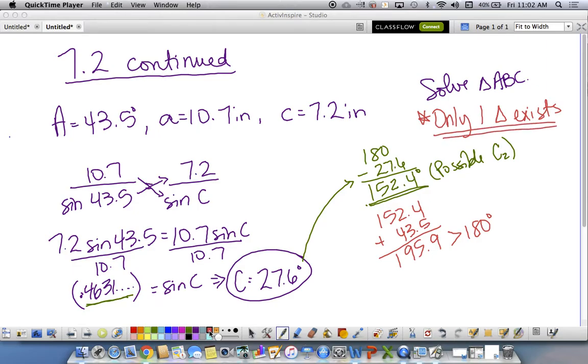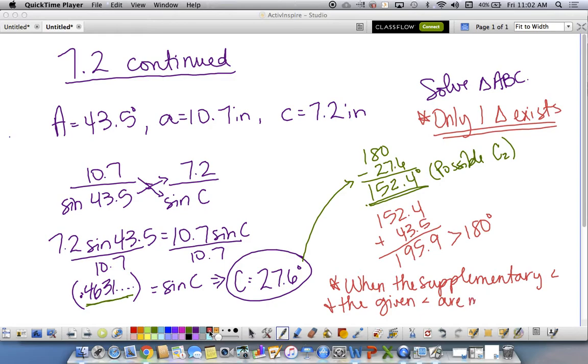I'm going to put the stars like I did yesterday. When the supplementary angle and the given angle sum to more than 180, only one triangle will exist.